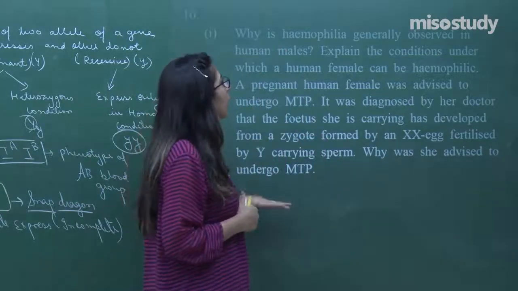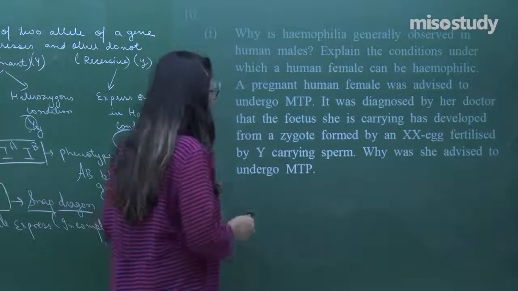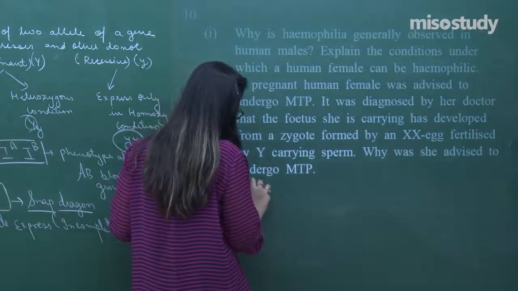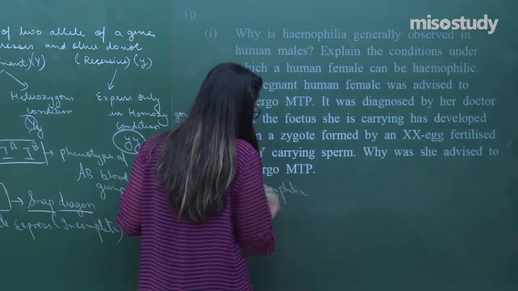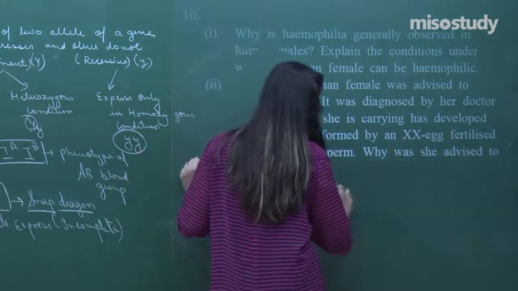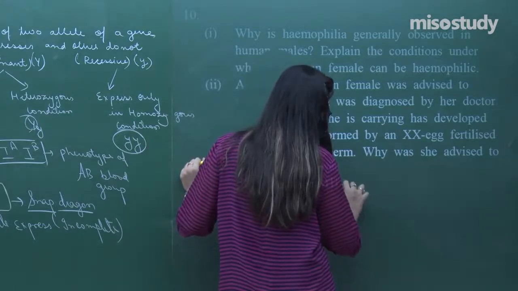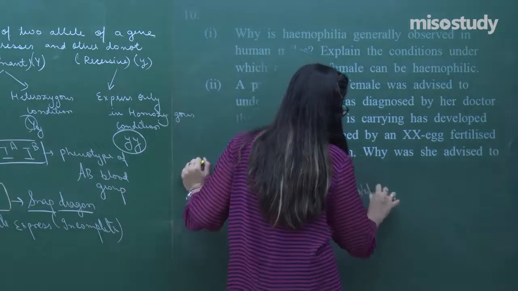In that case, no coagulation happens, and it is because hemophilia is sex-linked, or X-linked recessive disorder.